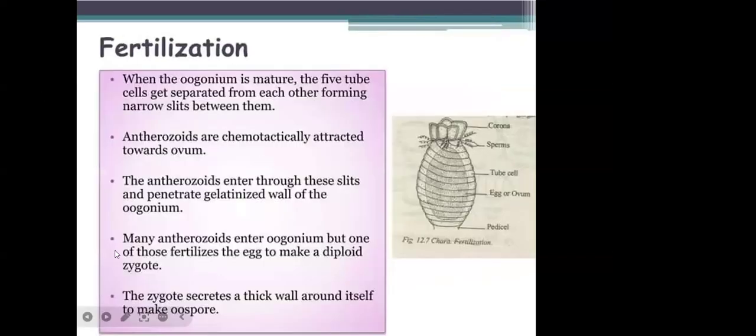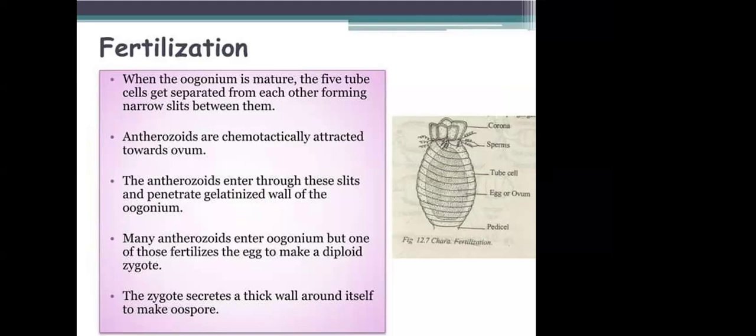Now fertilization. When the nucleus is mature, the spirally twisted tube cells separate from each other just below the corona to form 5 small slit-like structures. The antherozoids swim through these slits and enter into the sheath of the nucleus.